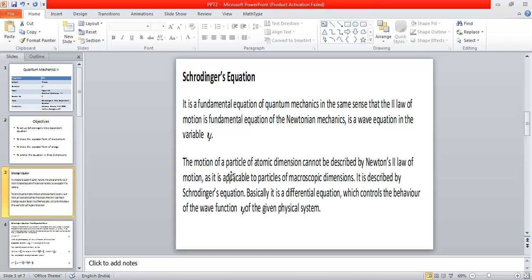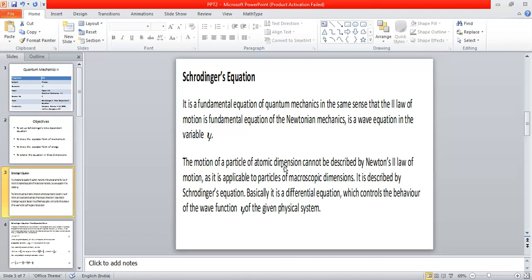Now, the motion of a particle of atomic dimension cannot be described by Newton's second law of motion. I have already told there is a thing called 100% determinacy in the case of Newtonian mechanics. This 100% determinacy cannot be applied to phenomena that occur in quantum mechanics, for example, subatomic worlds. We need to make use of the uncertainty principle as well.